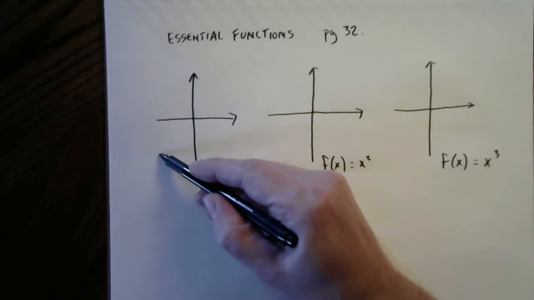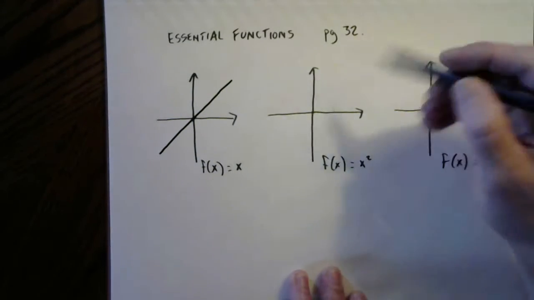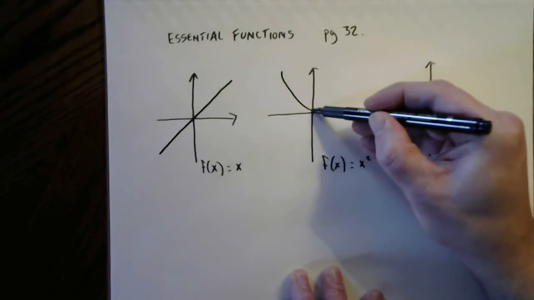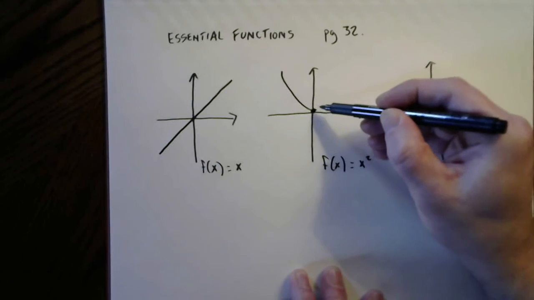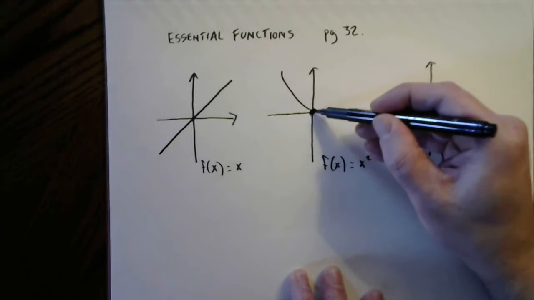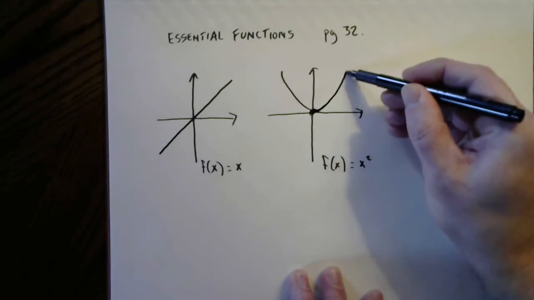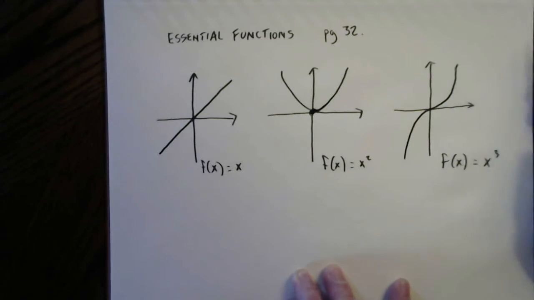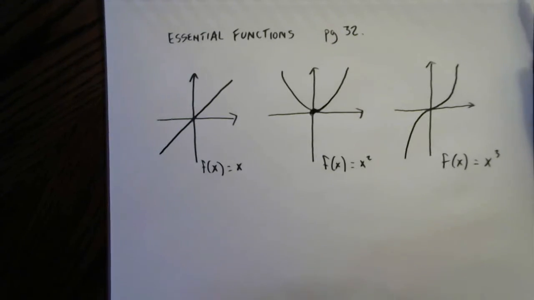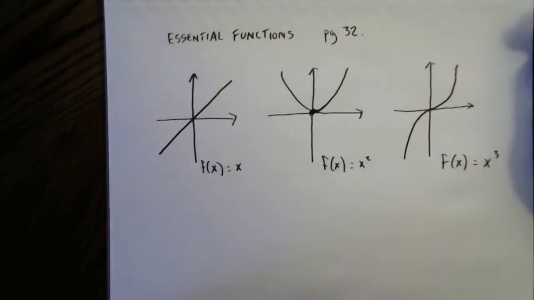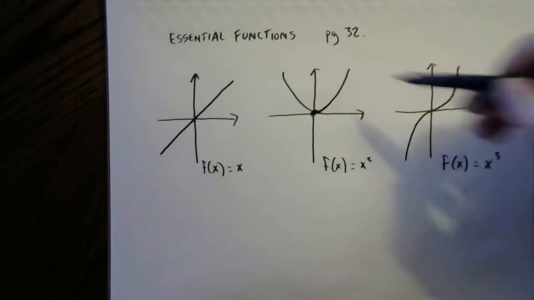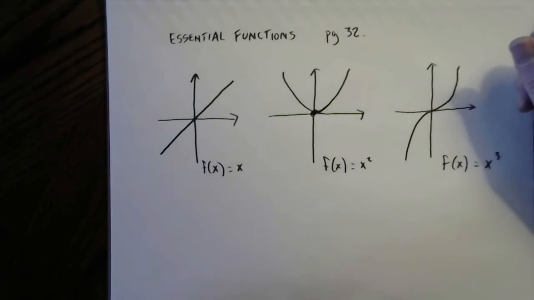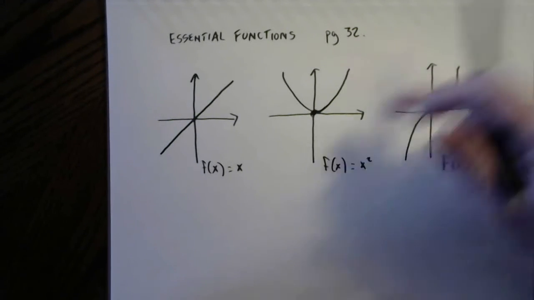And those graphs look like this. We have a line. That's the origin. That's my parabola. And this is a so-called cubic. A couple things: we don't put arrowheads on these. We understand these are not the endpoints, they continue on. So those are the first 3.